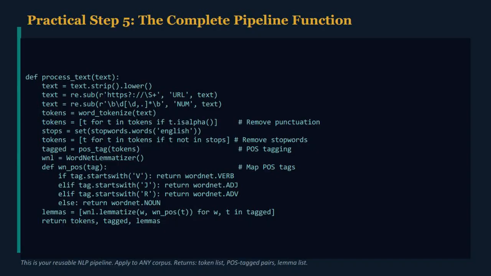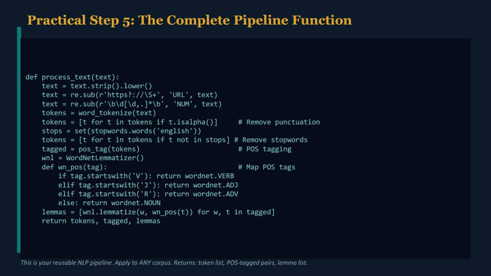Text, the first command, then the other commands, and then we have a command for tokens, and then for stop words, again for tokens, again for parts of speech tagging, then for the lemmatizer, and then for the different words in the POS tagging. Which one is verb, which one is noun, which one is adjective.